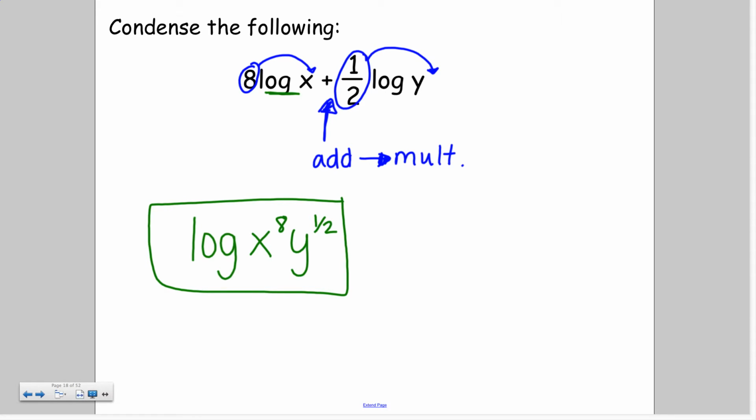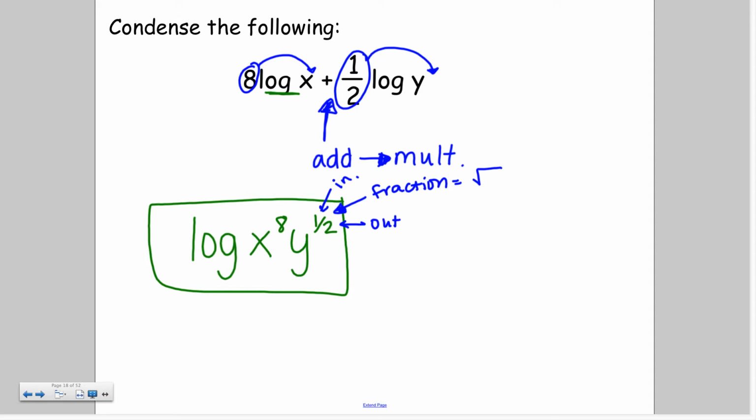Now, one thing that I want to note to you, if you remember this, you can do it. But if you recall the first unit, you need to be able to recognize these. Anytime we have a fraction as an exponent, it becomes the root sign. Remember, the number on top is on the inside, and then the number on the bottom is the outside. So a fraction means that we have a root sign.